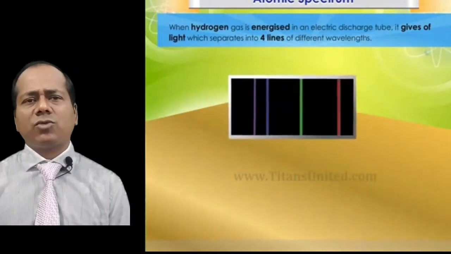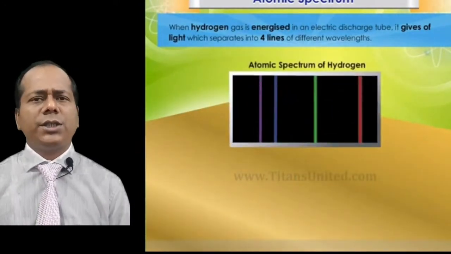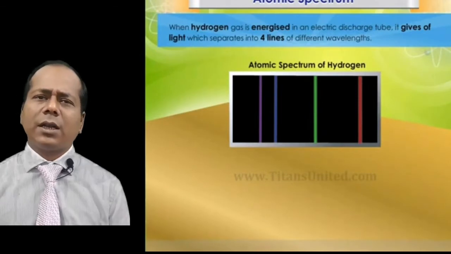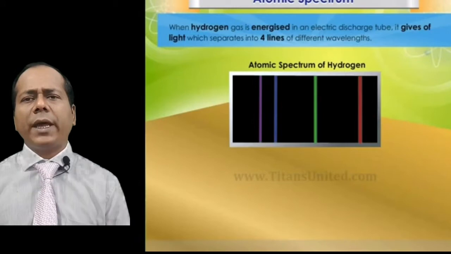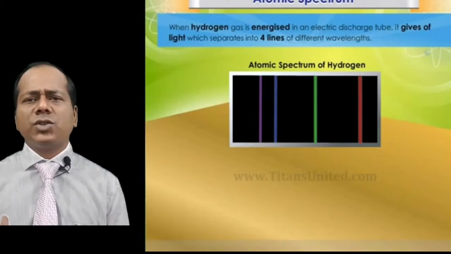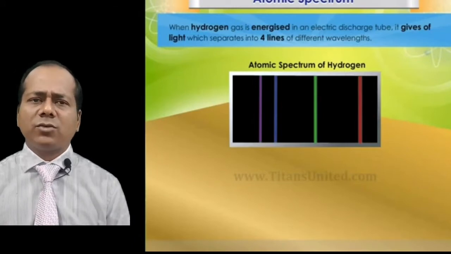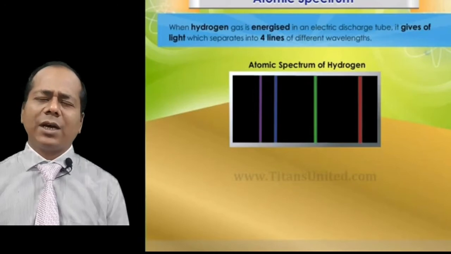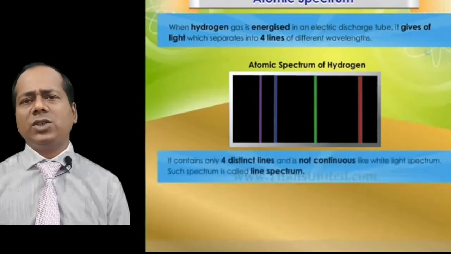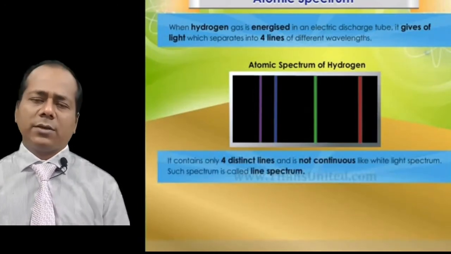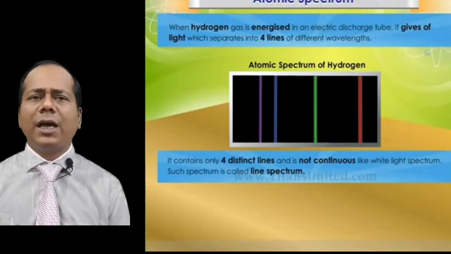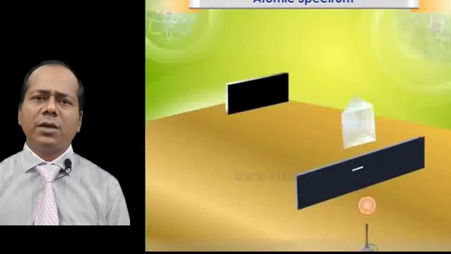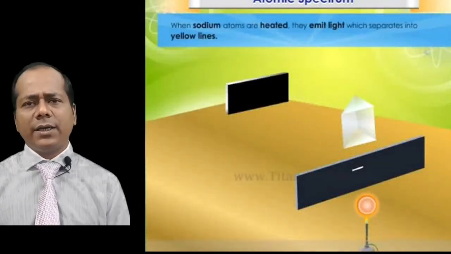These line spectra are not continuous like white light created spectra. The narrow bands consist of several parallel spectral lines and are separated from each other by dark background. The visible part of the line spectra can be observed by naked eyes.